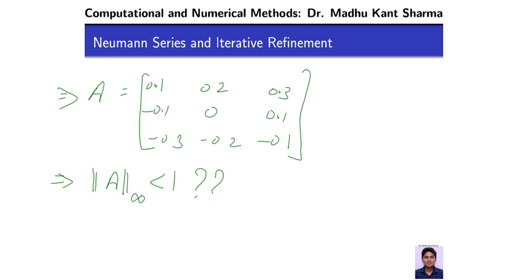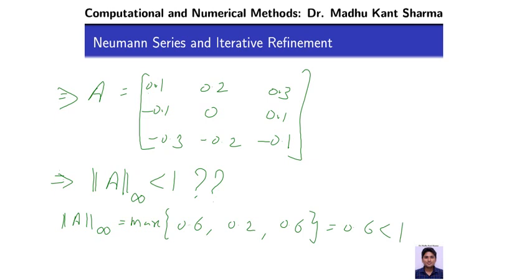So the norm of A infinity, the maximum over row sums in magnitude: 0.1, 0.2, 0.3 is 0.6. So the first row sum in magnitude is 0.6, the second row sum is 0.2, the third row sum is 0.3 plus 0.2 plus 0.1, that is 0.6. So the maximum is 0.6, which is certainly less than 1.